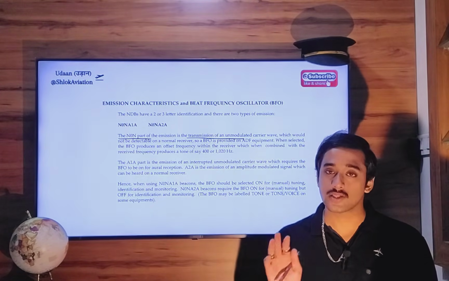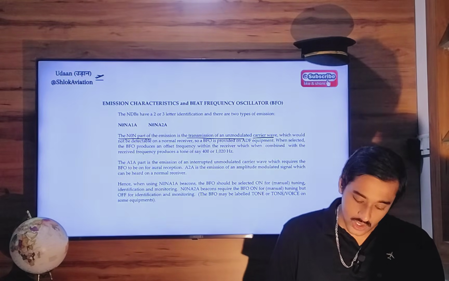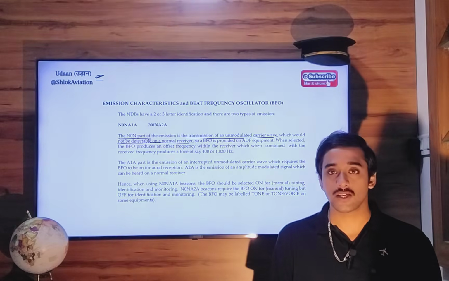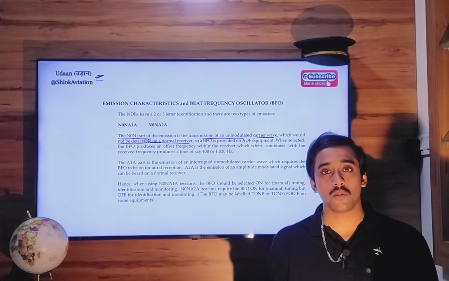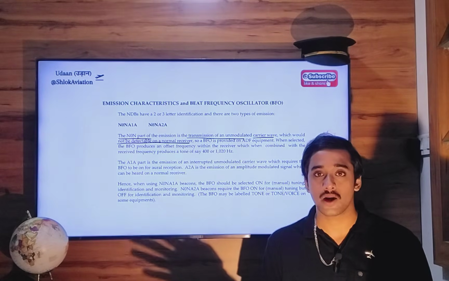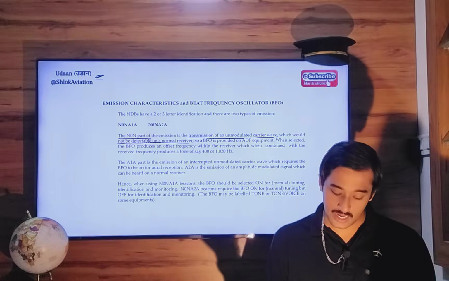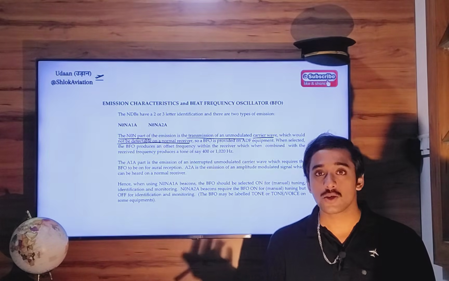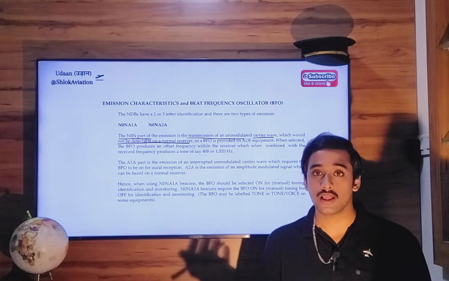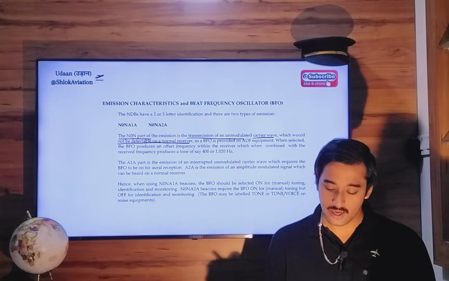The carrier wave is the only original wave, which could not be detectable on a normal receiver. Like I said, you cannot detect this normal carrier wave of an NDB station just normally without using any other external help. In order to hear or identify or detect that, you must use an additional equipment called BFO.